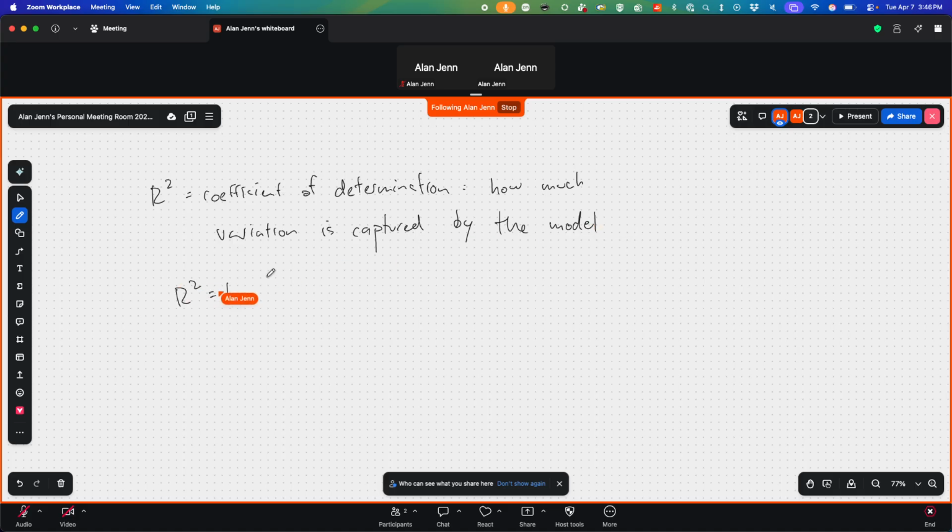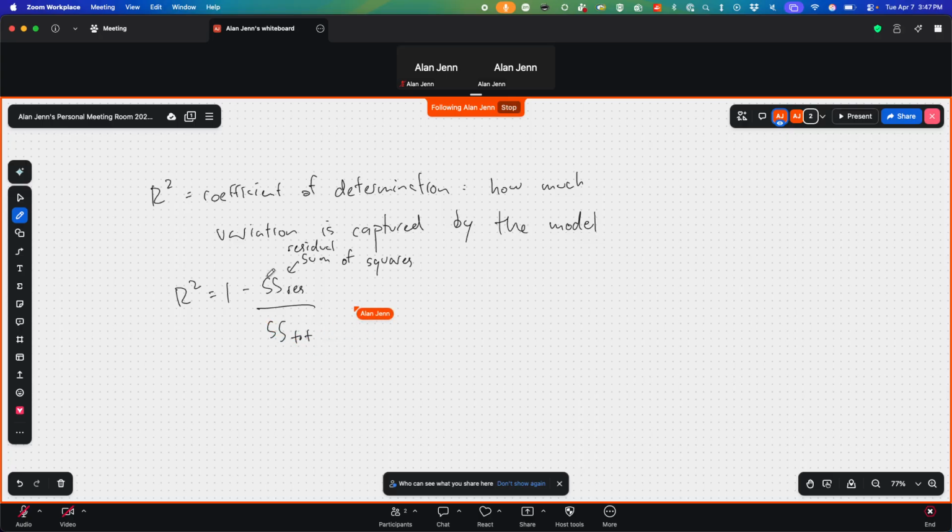R-squared is equal to 1 minus SS res, the residual sum of squares, divided by the sum of squares total.